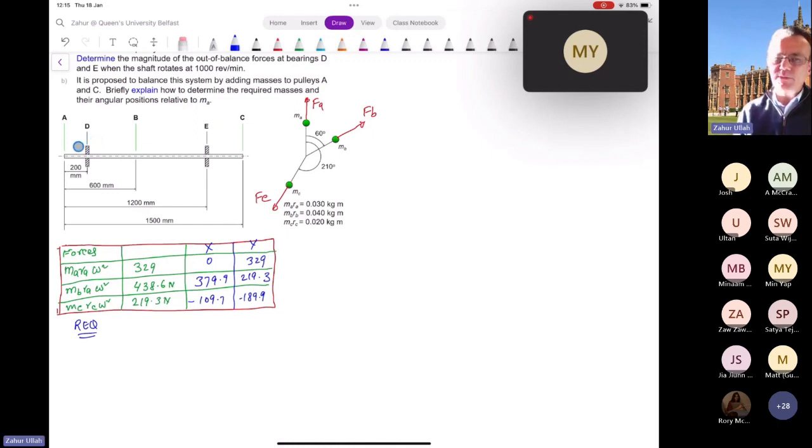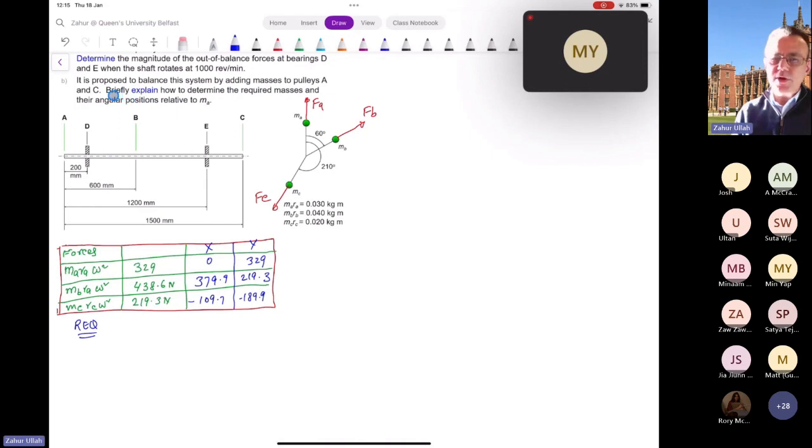But obviously the system is not balanced initially, with these unbalanced masses. So you need to add some masses to the system to avoid the reaction forces which you calculated in the previous case. What it's saying is that it's proposed to balance the system by adding masses to pulleys A and C.